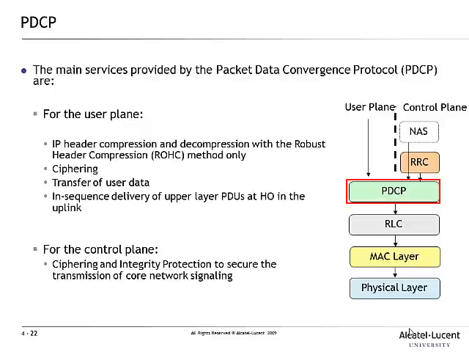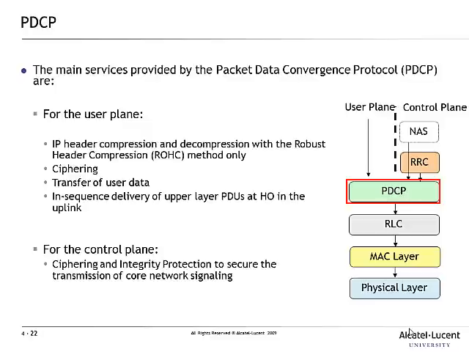Apart from header compression, there's also ciphering. Whenever we transmit anything across the interface, we cipher data. So both the user plane data as well as the control plane data is ciphered before transmission.